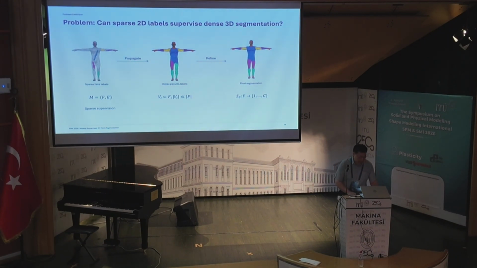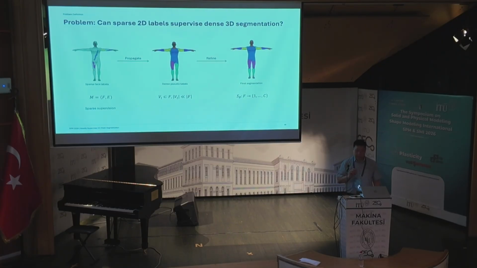So here is the main idea of what we're talking about. Basically, given an input mesh, which is a triangle mesh, we produce some views from the 3D mesh. And then we do a simple labeling through a simple sketch here and there on the most important areas.